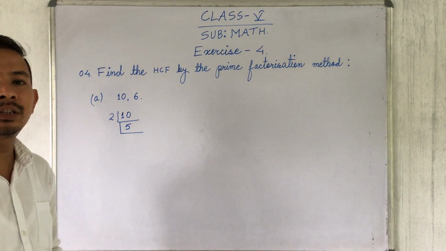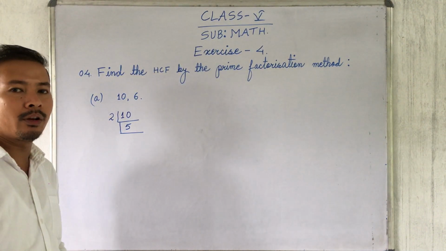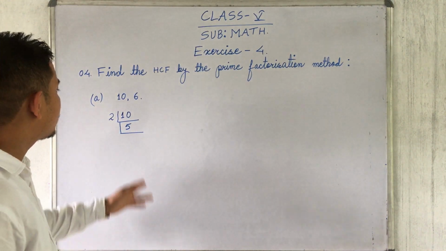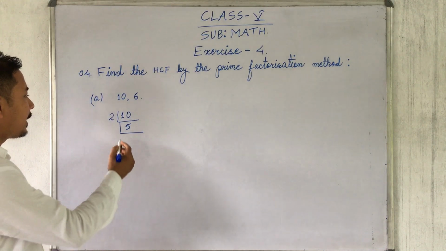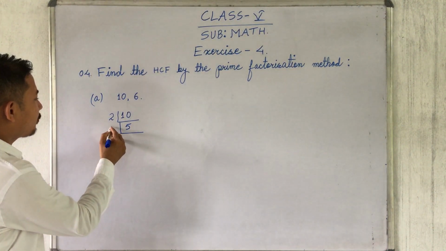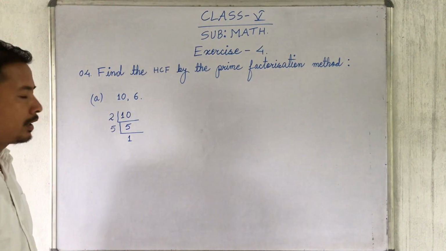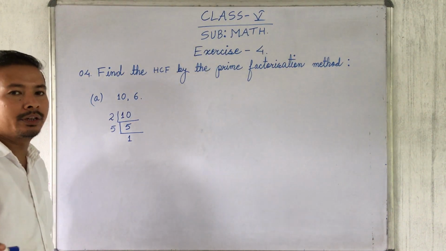This is not possible to divide by 3 either, because this number is not in the table of 3 as well. So we need to divide this number by itself. Understood? So 1 times 5 is 5. If you get 1 at last, then no need to divide further.